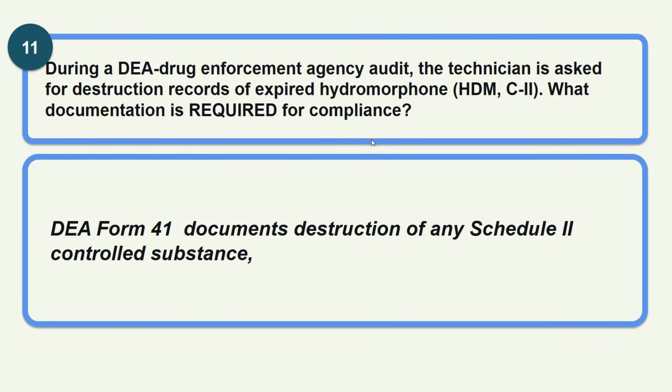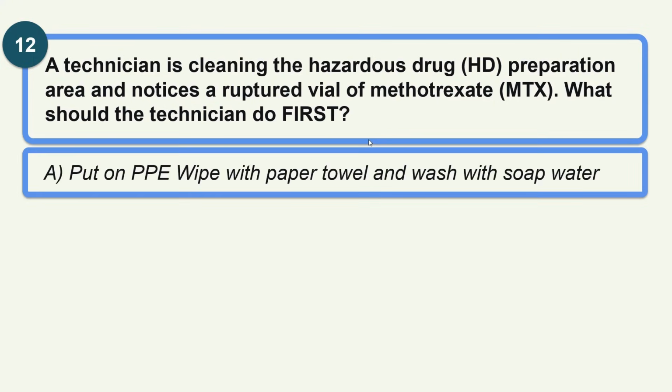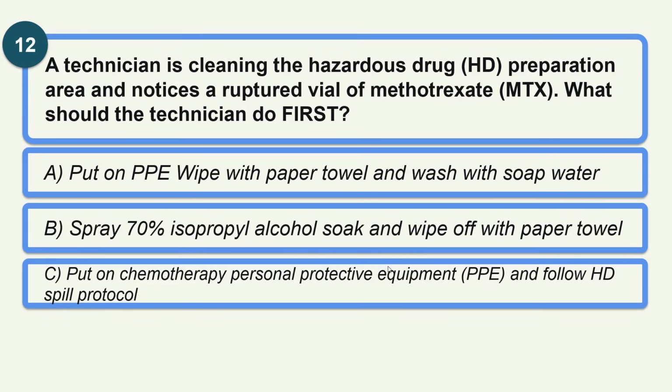A technician is cleaning the hazardous drug preparation area and notices a ruptured vial of methotrexate. What should the technician do first? A. Put on PPE, wipe with paper towel and wash with soap and water. B. Spray 70% isopropyl alcohol, soak and wipe off with paper towel. C. Put on chemotherapy personal protective equipment and follow the hazardous drug spill protocol.